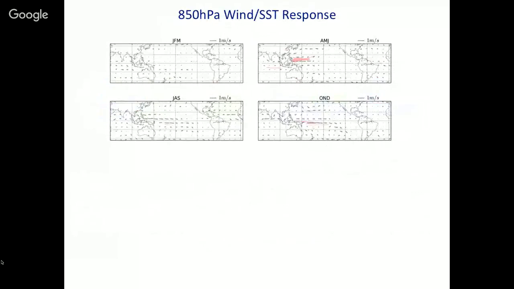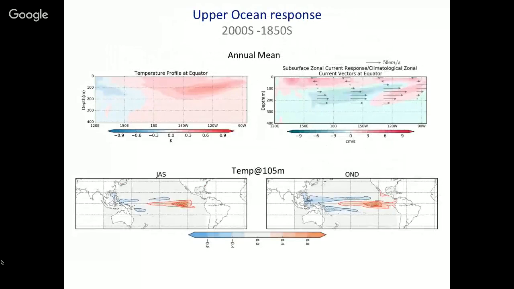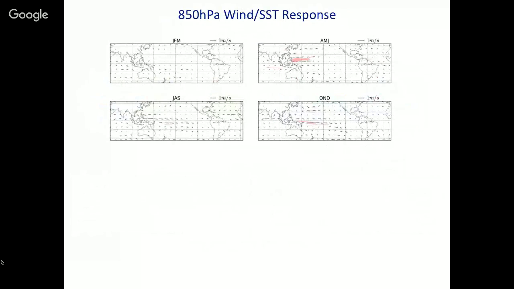Now I'm going to show the wind response. So here is the 850 hectopascal wind response. What you're seeing here is the same split, January, February, March, and it goes through October, November, December of the first year.